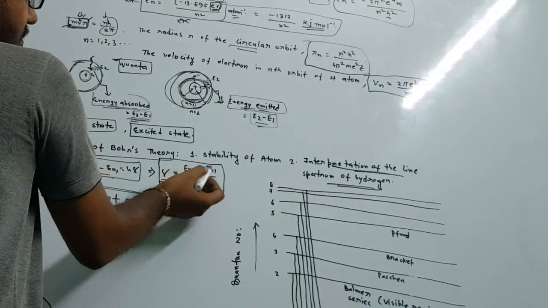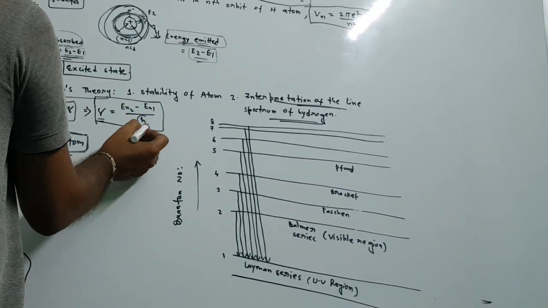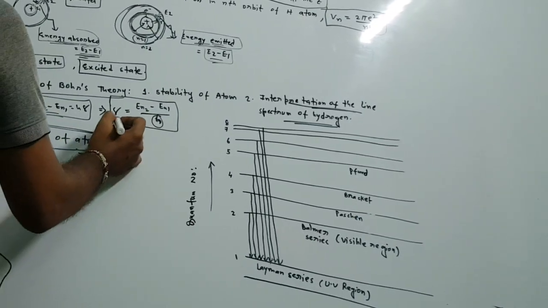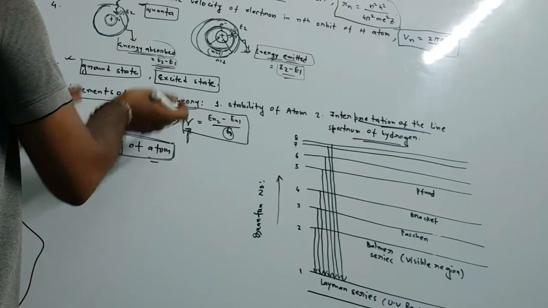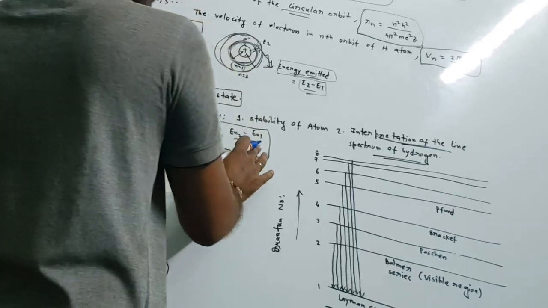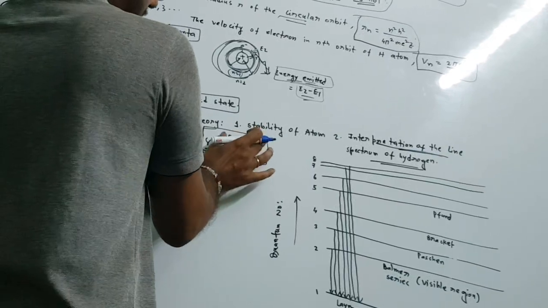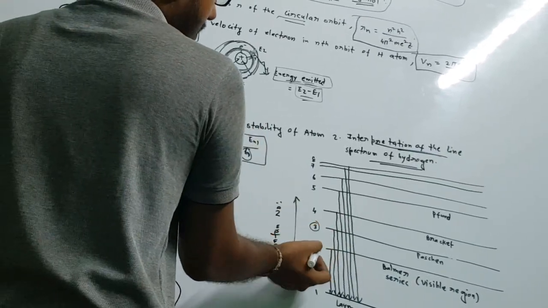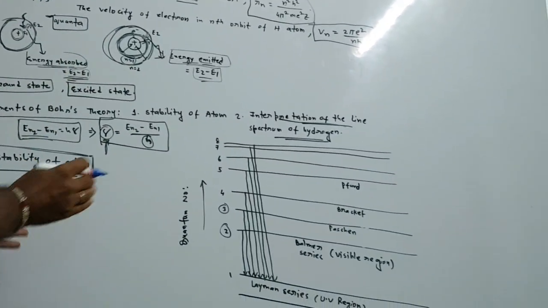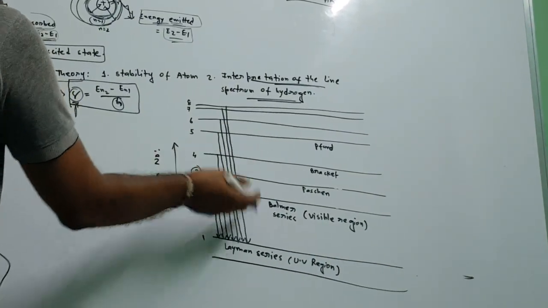If you put in the energy difference of the orbits and the value of h, the Planck constant, you will get the frequency, and from c equals nu lambda you can find the wavelength of light absorbed or released. For example, using the energy difference between orbits 2 and 3, you get the wavelength the light will absorb or release going from 2 to 3 or 3 to 2.